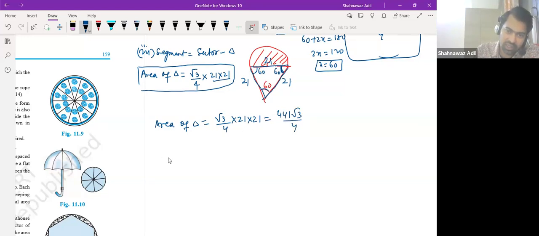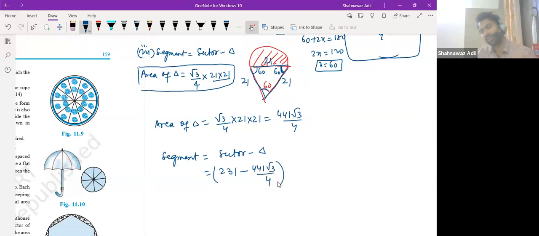So we can write the segment as sector minus triangle. Sector we already know, and in this way we can also write that. Sorry about that. It is always good to check.